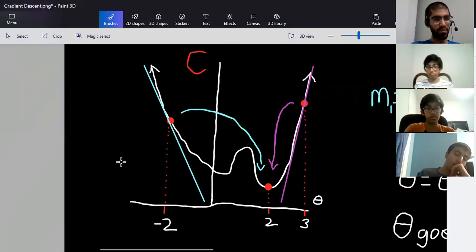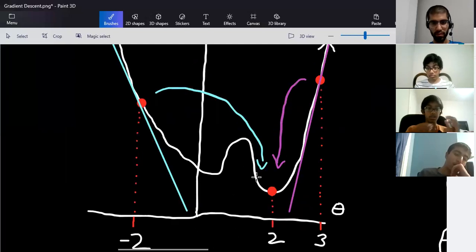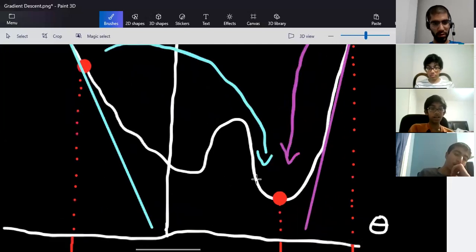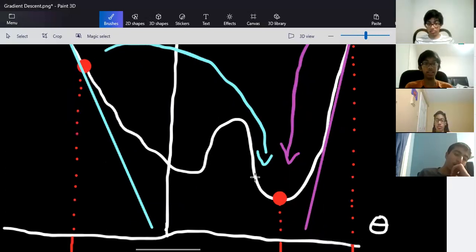Aditya? You're muted. What if you're looking at a point that's on the little lump in the middle? So slightly to the left, that's going to be positive, and you're going to want to go to the left. To the left of the lump?